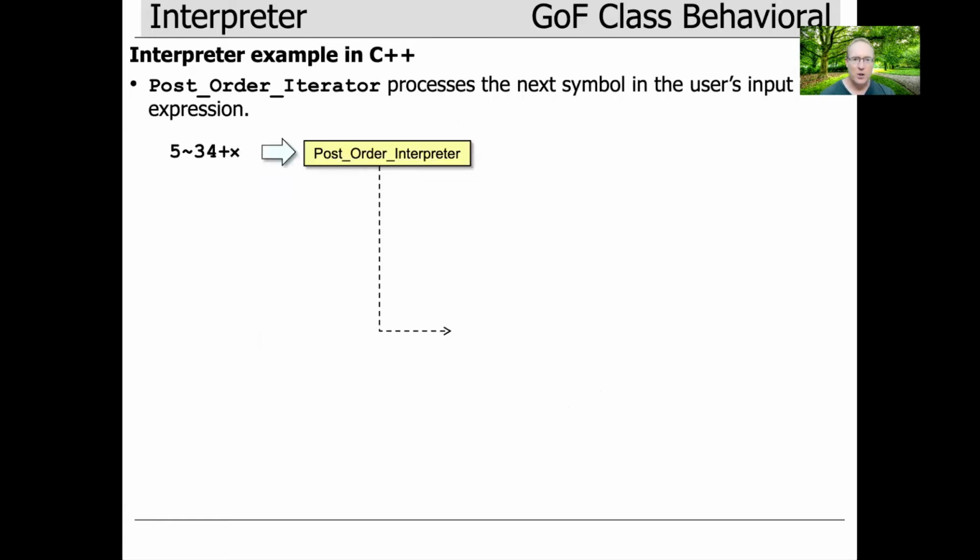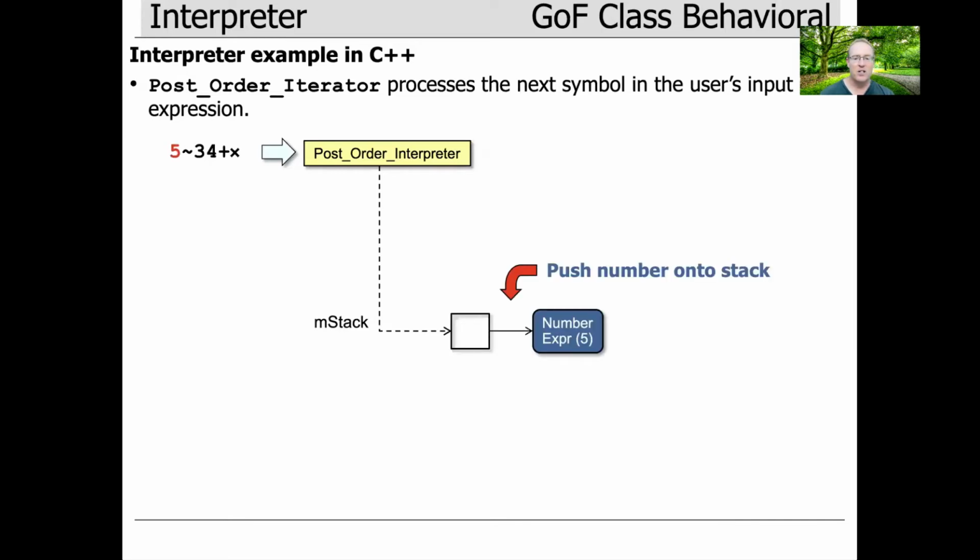Now let's take a little visualization tour through what's happening under the hood. I think this will help make it a little bit more clear what's going on. So assuming for sake of argument, we have 5 minus 3, 4 plus times as our user input expression. Here's how the post order interpreter is going to behave with respect to the code snippet we just walked through. The first thing it's going to do is create a number expr with the value 5, and push that onto the top of the stack.